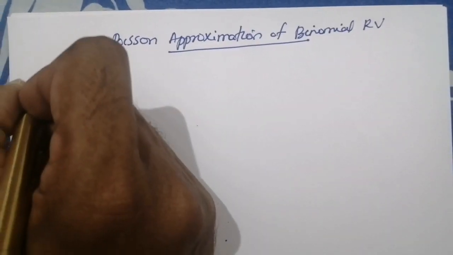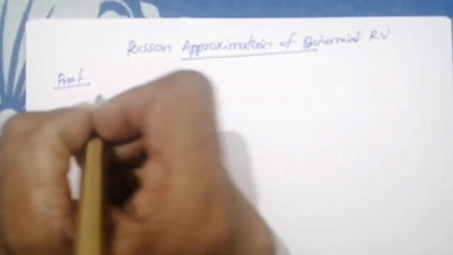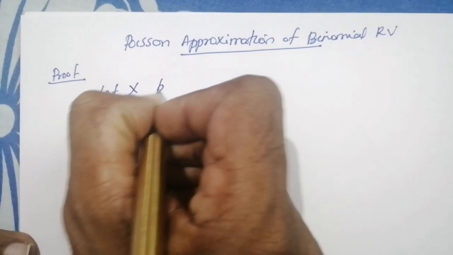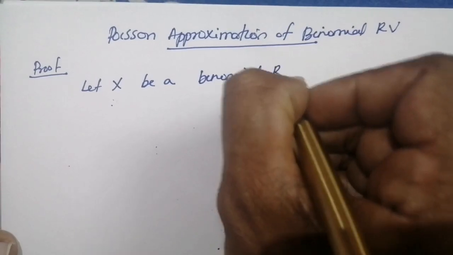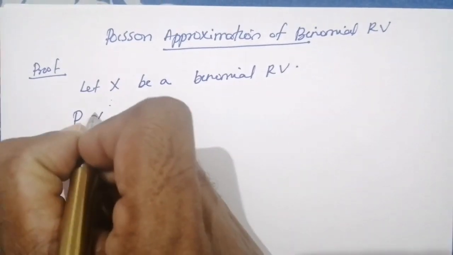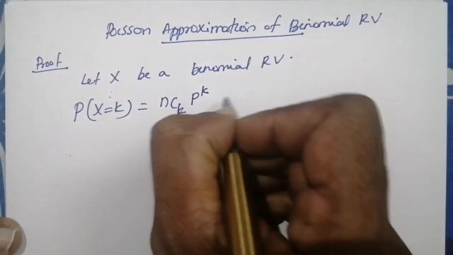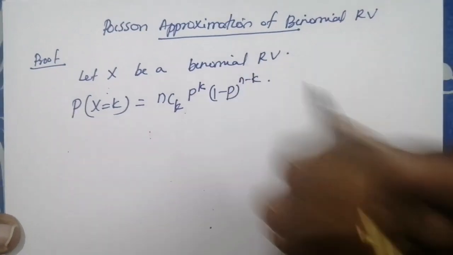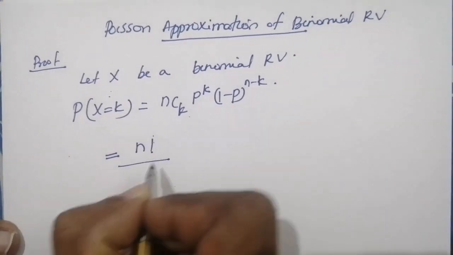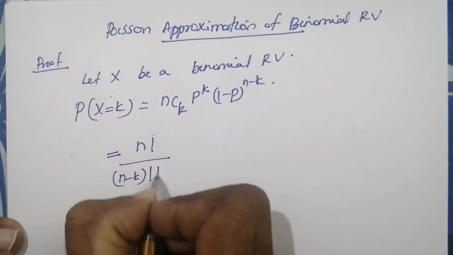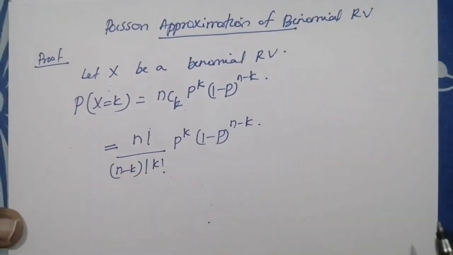Now we will look at the proof for the Poisson approximation of a binomial random variable. So let X be a binomial distributed random variable. That is, the probability that X equal to k can be written as nCk p raised to k, 1 minus p raised to n minus k. So this can be written as n factorial by n minus k factorial into k factorial, into p raised to k, 1 minus p raised to n minus k.